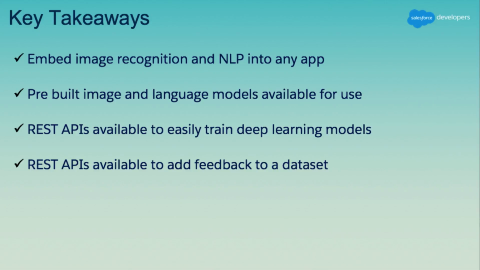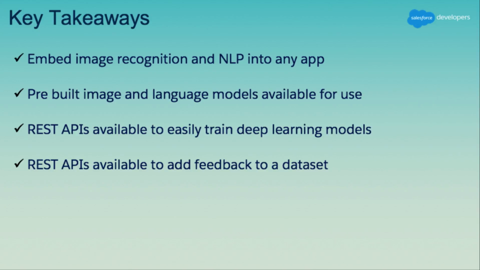And the most important part, you can add feedback to the data set. Like we said, whenever there is a change in the underlying data set, you will want to retrain the model, or if your model is not making the right predictions, then you want a way to retrain and tell the model that, hey, this is not the right prediction, this is the way it should be predicted.